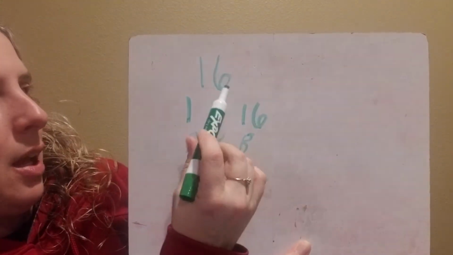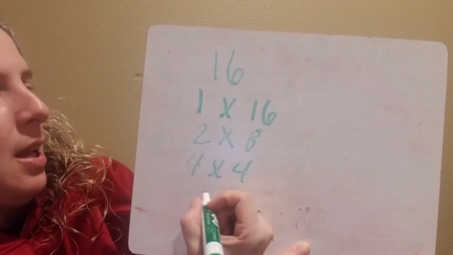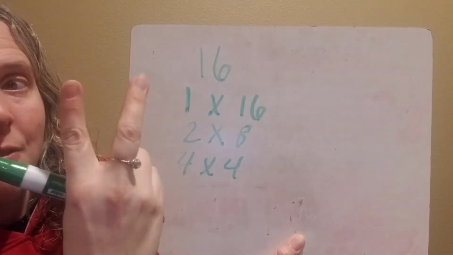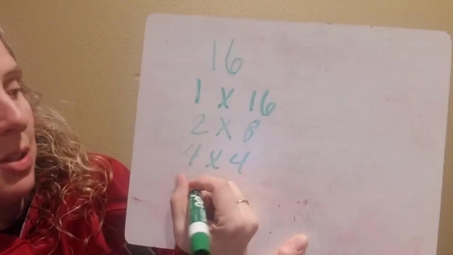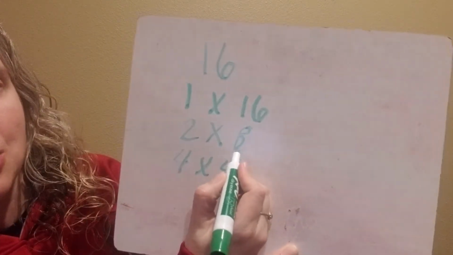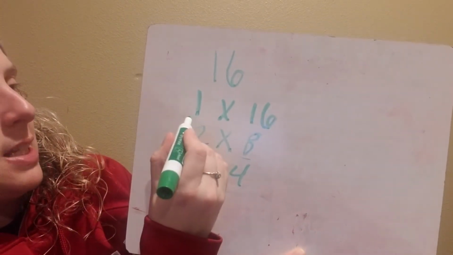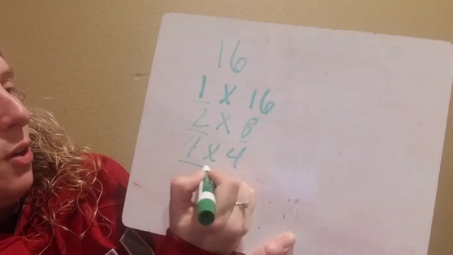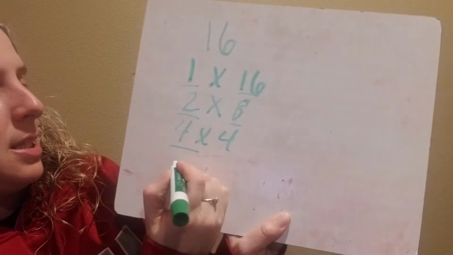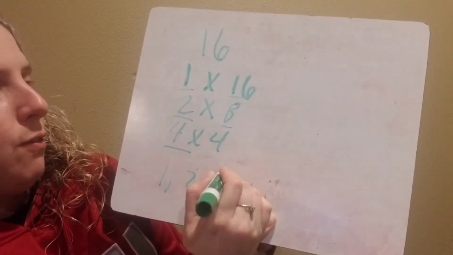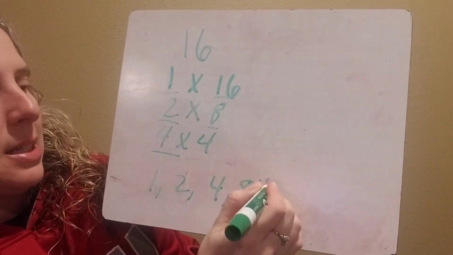But if you're counting by or looking at your multiplication chart, you would know that 6 is not a factor of 16. 7, counting 7, 14, and then 21, that's too much. So 7 is not in there. And then 8 is already here. So our factors of 16 are 1, 2, 4, 8, and 16. And then you just list them. 1, 2, 4, 8, 16.